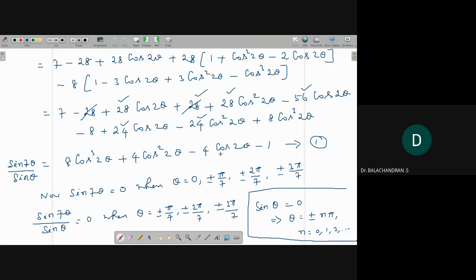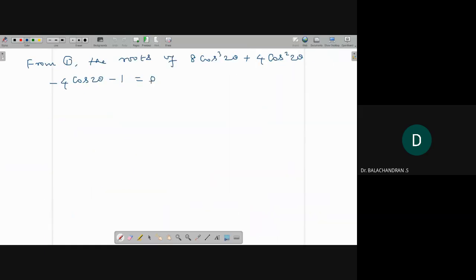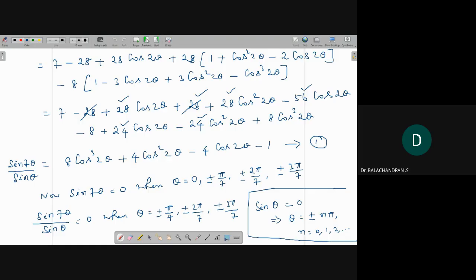The roots of this equation, what are they? The roots of this equation are nothing but cos 2 pi by 7, because both of them are the same. What is the roots of the left hand side? We know that the roots of the left hand side are, when cos 0, theta equal to plus or minus pi by 7, plus or minus 2 pi by 7, plus or minus 3 pi by 7.